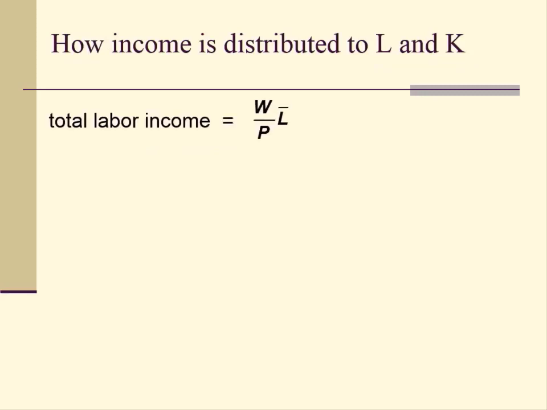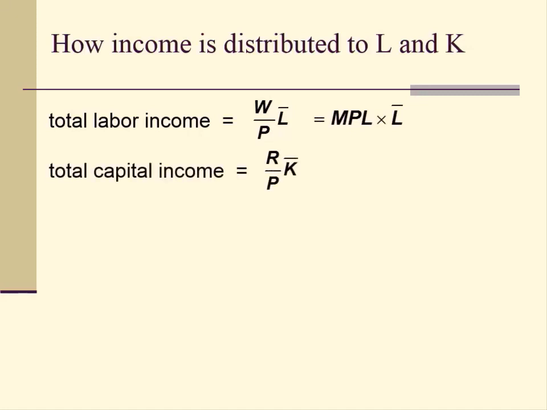Recall that households own both labor and capital, and the total labor income for households should equal W over P, the real wage rate, times L bar, the number of units of labor the household provides, which is equal to MPL times L bar. Similarly, total capital income for households should equal the real rental rate, R over P, times K bar, which is equal to MPK times K bar.